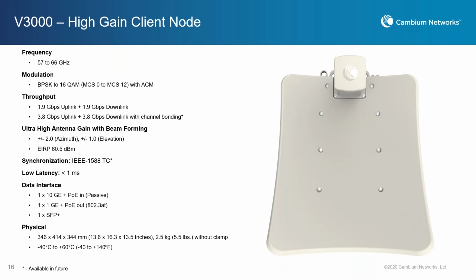More important than that, because we do auto beamforming, even after installation the radio will continue to fine-tune the alignment. So if you have a small twist or wave in the installation, because of beamforming, you can still maintain pretty good throughput and performance.